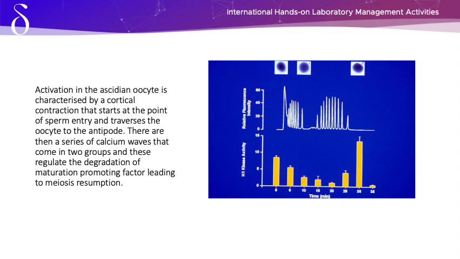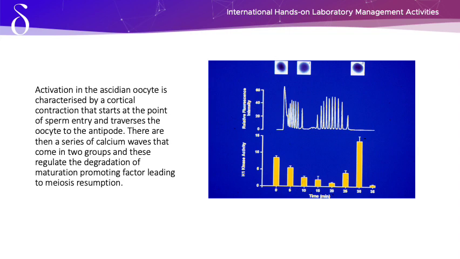Now, in the ascidian, in the top panels of the figure, you can see photographs of the contraction of the surface. The middle graph shows the calcium waves that come in one very large calcium wave followed by a series of oscillations.